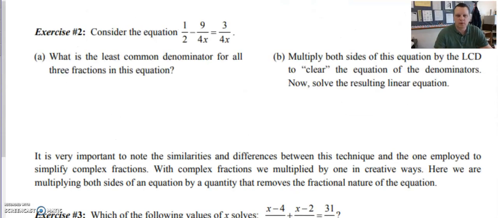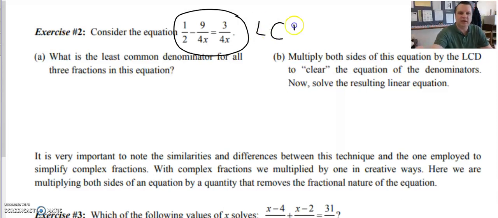In exercise 2, you have multiple expressions to form the equation. So we need to follow the same format we used in lesson 10, I believe it was, where we found the LCD. So you want to find the least common denominator for all the three fractions in this equation.